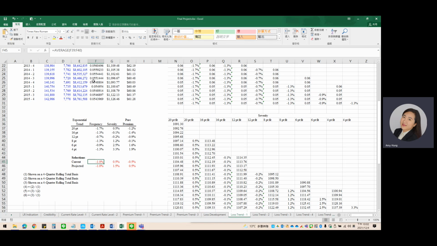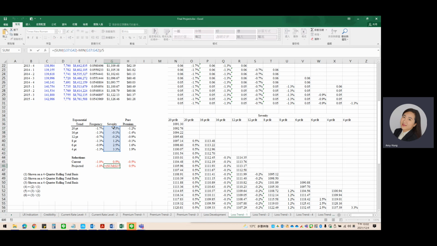For current trend, we use the average of 12 points and 8 points, since those 2 points are the average of all the scenarios. So we use this average for frequency, severity, and pure premium selection. For the projected selection, we use the average of all points, excluding the minimum, for the frequency, severity, and pure premium.